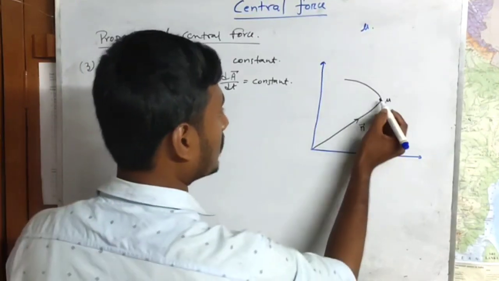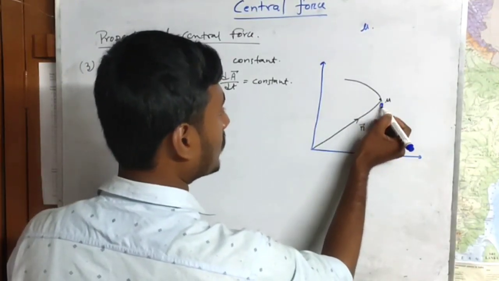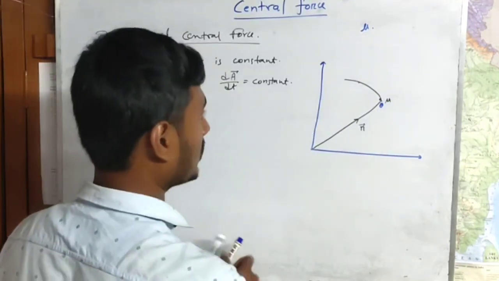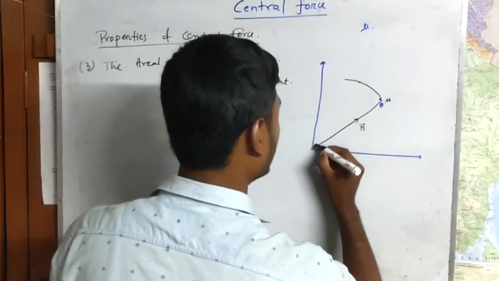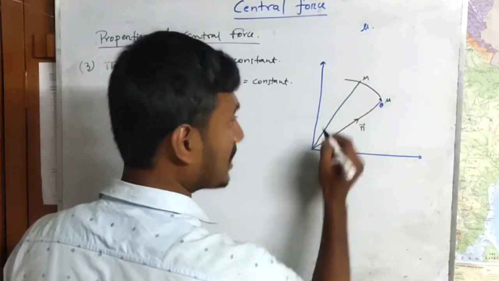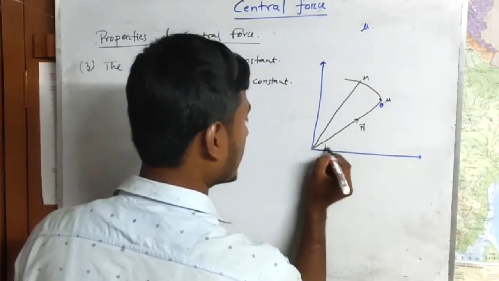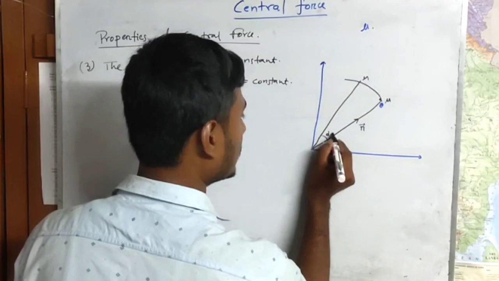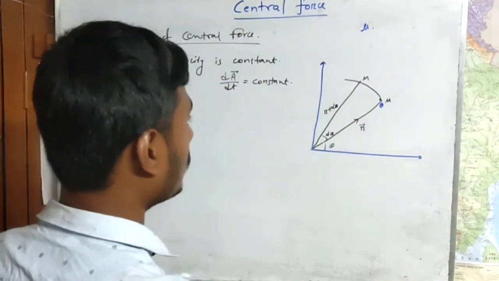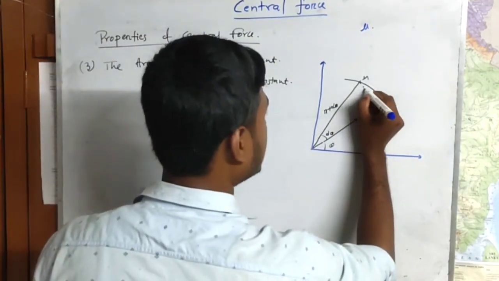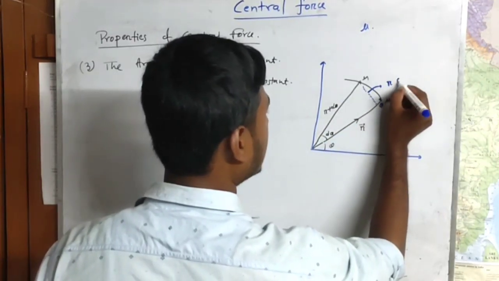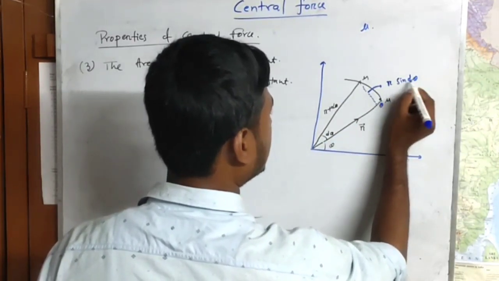At some time the particle moves from A to B. This is B, the another position of this reduced mass mu. Let's say the time interval is very small. So this angle, let's say, is d theta. Now if we draw a perpendicular like this, this length will be r sin d theta, which can be written as r d theta.